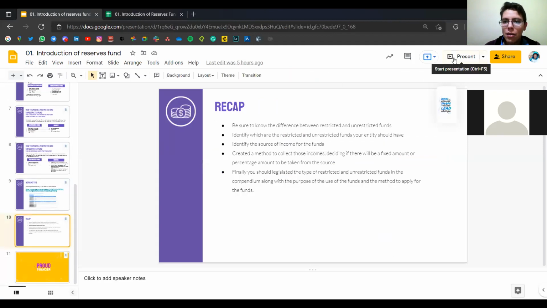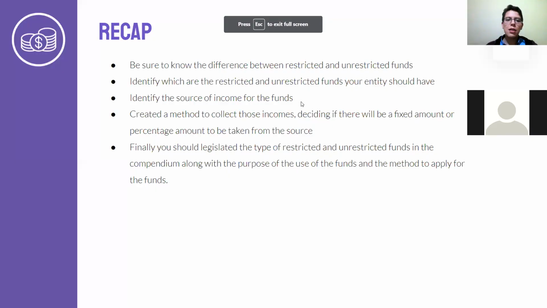So let's go back to the session, the slides. Just to recap, be sure to know the differences between restricted and unrestricted funds. Restricted funds are basically money that you won't move to other activities because they have a specific purpose, and unrestricted funds could be moved inside these funds, and also you can move this money to other unrestricted funds.